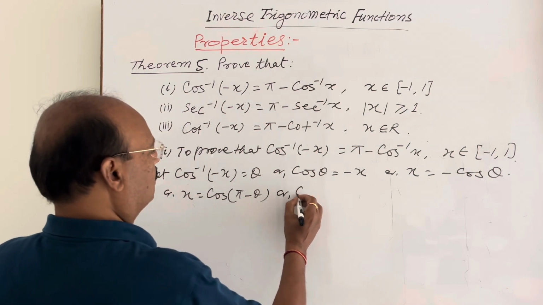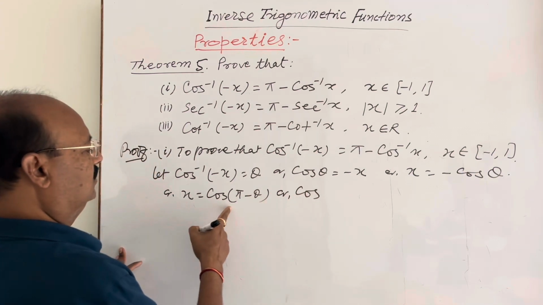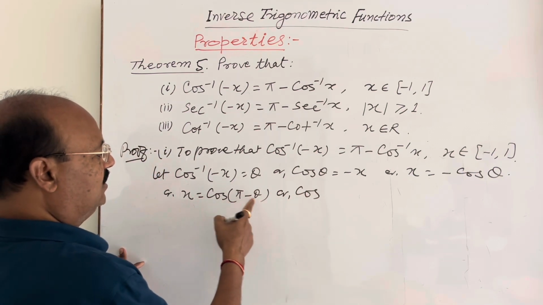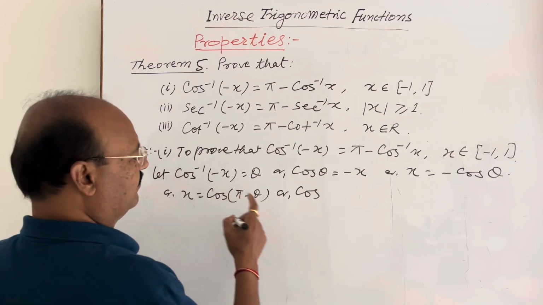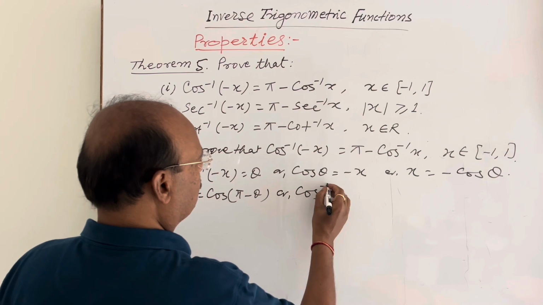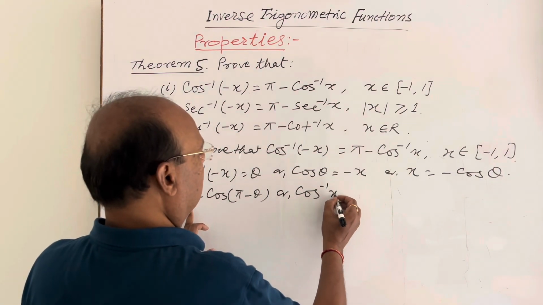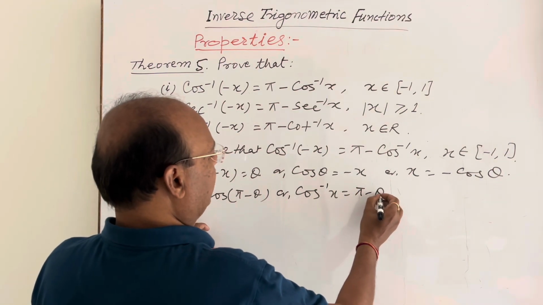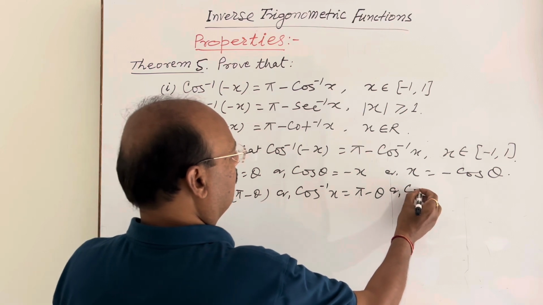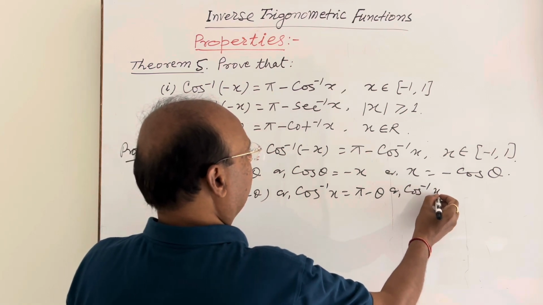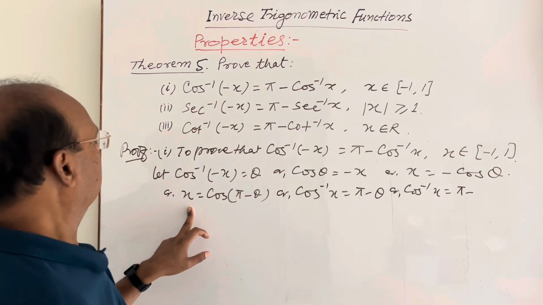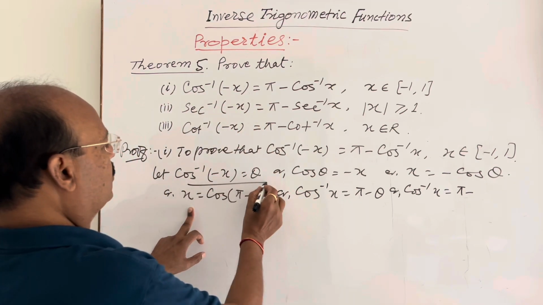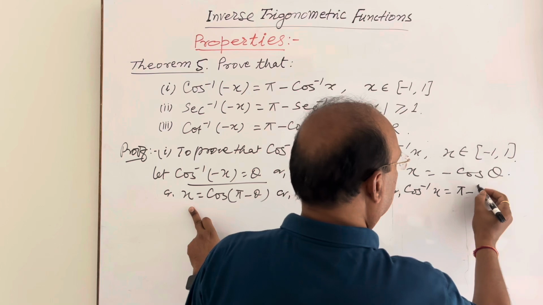So x is cos of pi minus theta, so cos inverse of x is equal to pi minus theta. Let us put the value of theta, cos inverse of minus x.